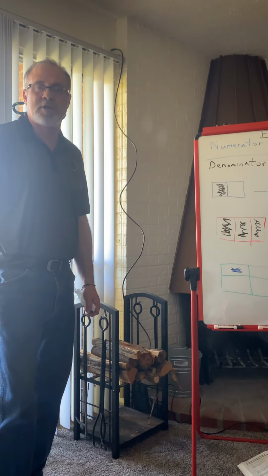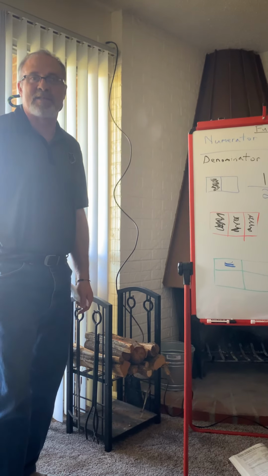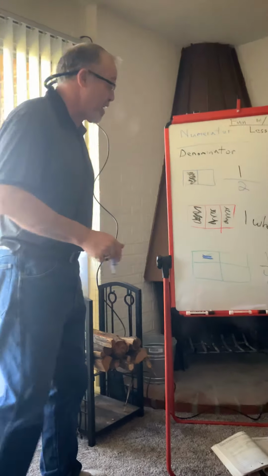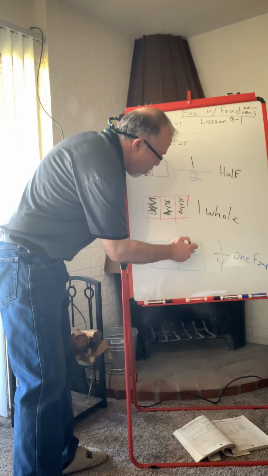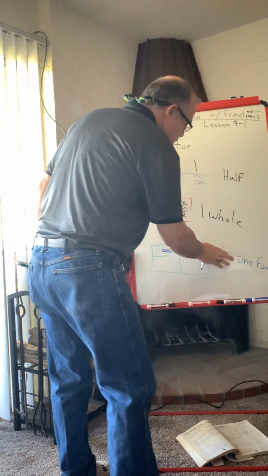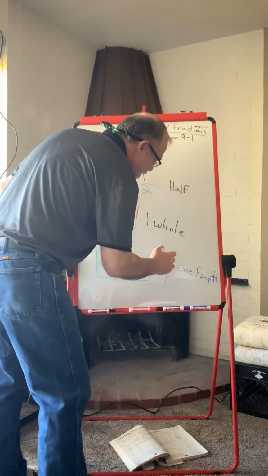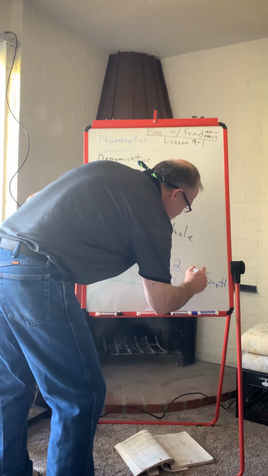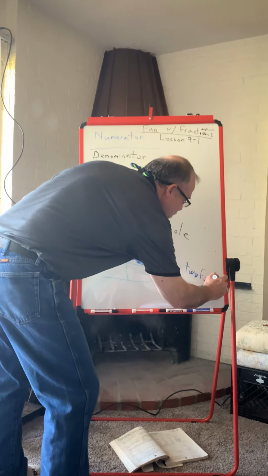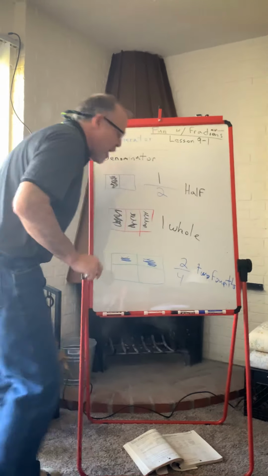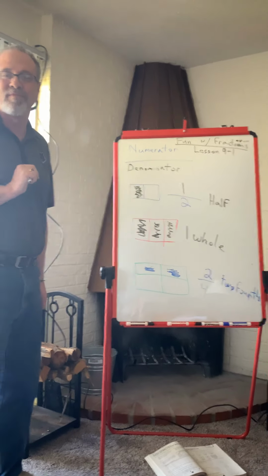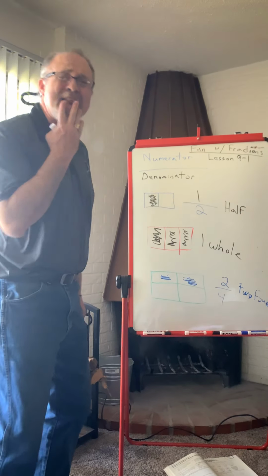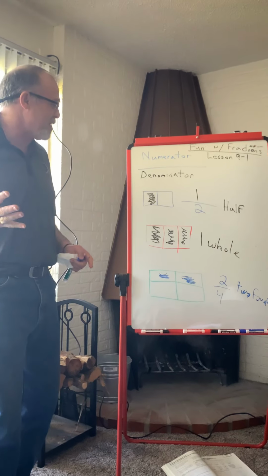All right, Mr. Blackledge, but what if I decided to shade 2 out of the 4? Great question. So let me do that. Boom. It's 2 out of 4, or 2/4. But also, guess what? It's also known as 1/2. 1/2? How can that be? I don't get it.